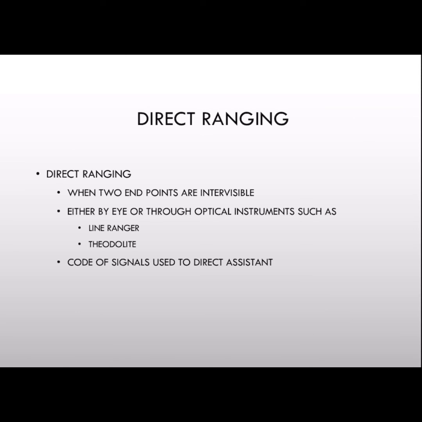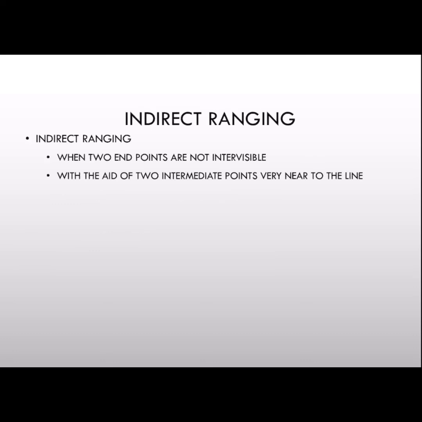Direct ranging is when two endpoints are intervisible, either by eye or through optical instruments such as a line ranger or theodolite, and a code of signals is used to direct the assistant. Indirect ranging is when two endpoints are not intervisible, with the aid of two intermediate points near the line.